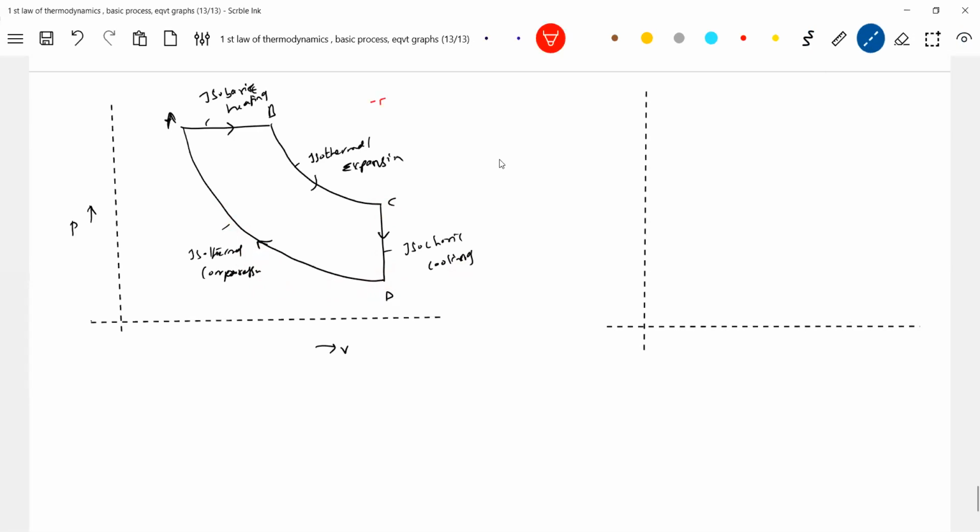So TB should be equal to TC. Sir, how can you say? Because in an isothermal process, temperature remains constant throughout the process. Similarly, TD is equal to TA. Do I agree? It's a basic idea, because it is an isothermal process.